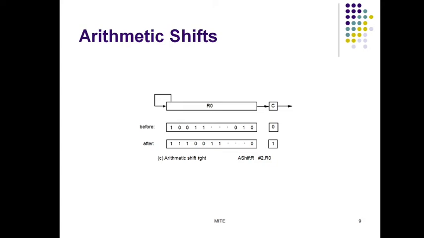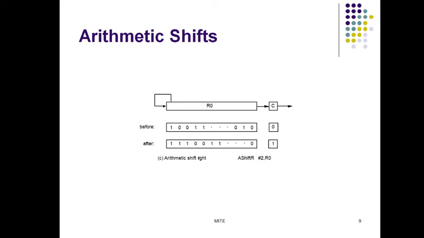But in case of arithmetic shift, those empty places have to be replaced with the sign bit of that particular number. Okay, so this requirement on right shifting distinguishes the arithmetic shift from logical shift, in which the fill-in bit is always 0.